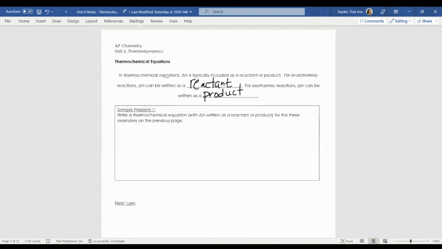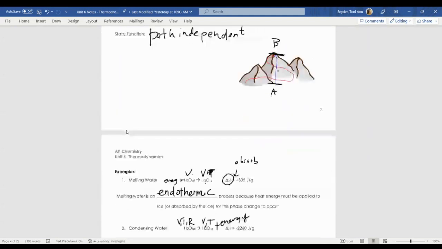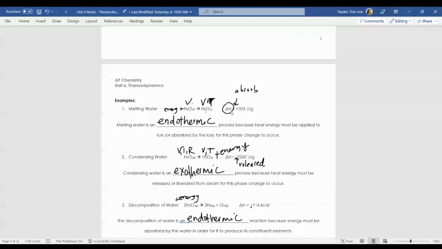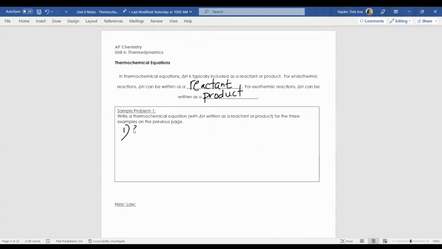So if I look at melting water, number 1, this particular delta H we know is a reactant, because I have to input 335 joules of energy in order for this reaction to occur. So I'm going to write this as 335 joules per gram of energy plus solid water, also known as ice, is going to give me liquid water.